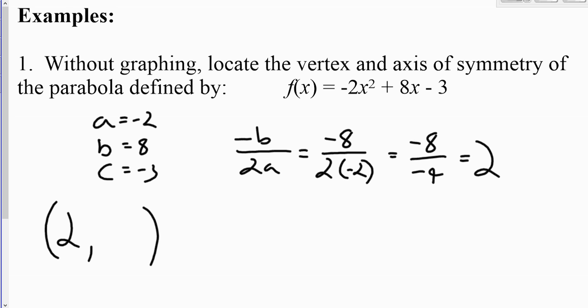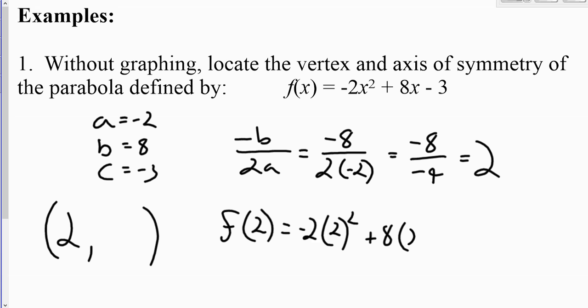To find my y, I have to do f of 2 and evaluate that function. So I get negative 2 times 2 squared plus 8 times 2 minus 3. Here I have 4 times negative 2, so that's negative 8 plus 16 minus 3.